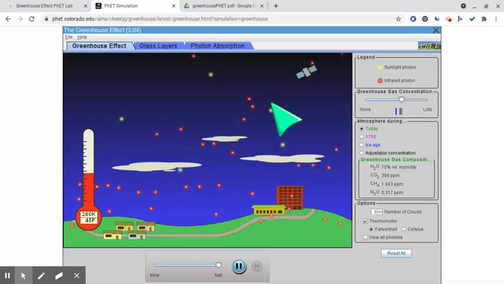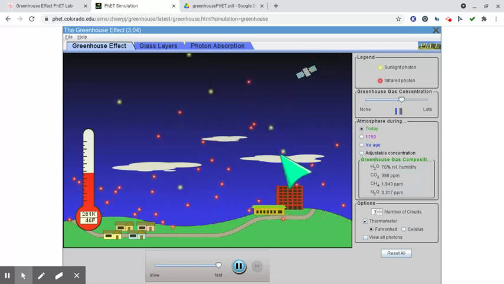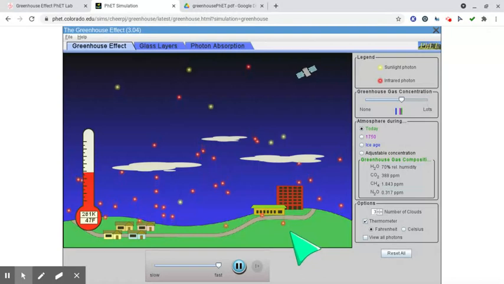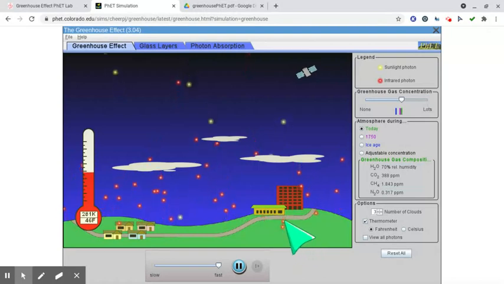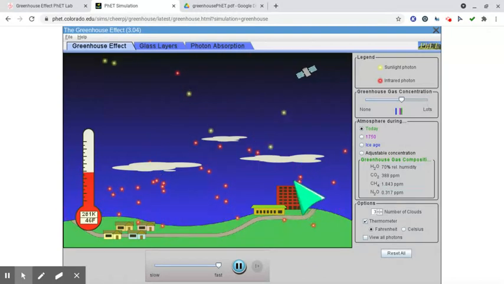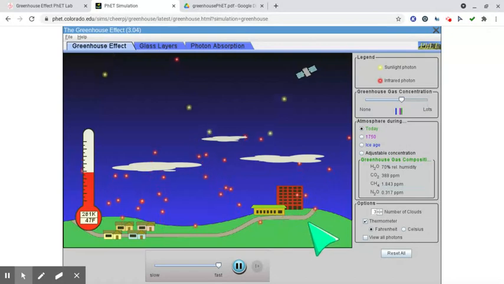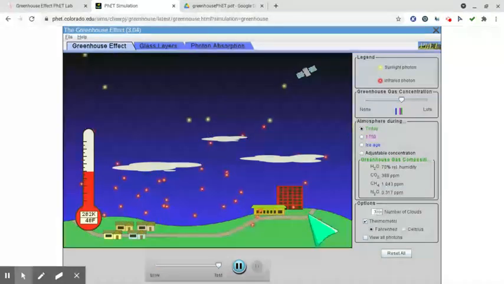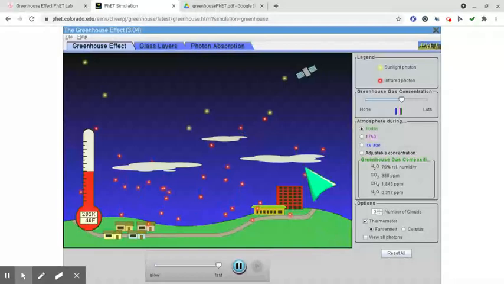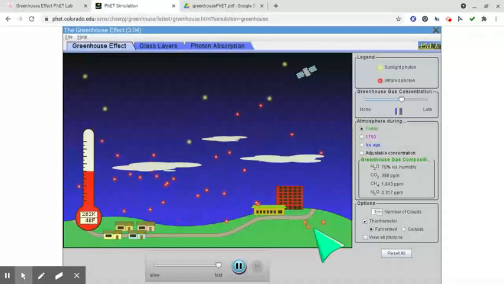The sunlight does not reach the Earth. There's still infrared under the cloud, but it seems like the infrared went through the cloud. Let's watch over here.